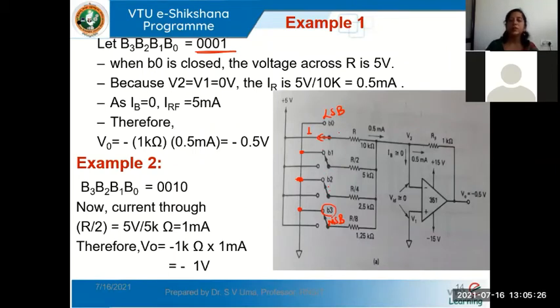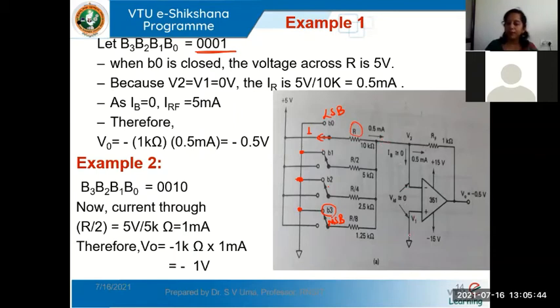Okay. So what will be the voltage which comes across R now? We have 5 volts coming across this resistor R. Why do I say across R? Remember, you can use the principle of virtual ground.